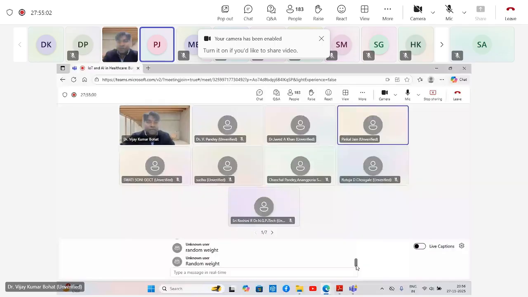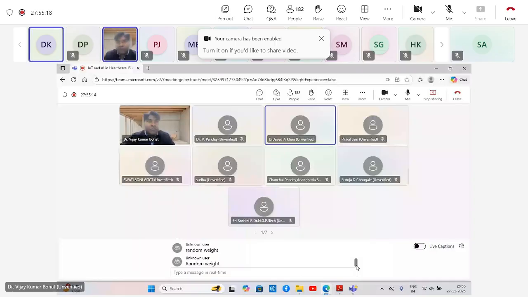Sir, is there any criteria to decide how many iterations are required to solve our problem? See, this depends upon the dimension of the problem. If the dimension of the problem is more, then definitely you have to run your algorithm for more iterations, for more function evaluations.